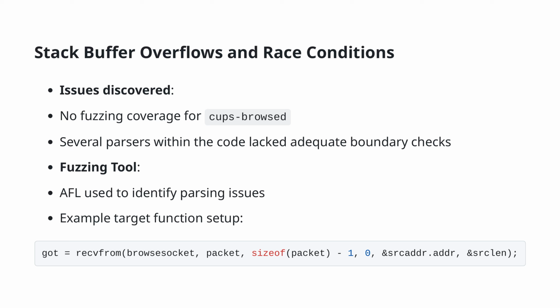Here's an example target function setup: got = recvfrom(browsesocket, packet, sizeof(packet) - 1, 0, &srcaddr, &srclen). This function call receives data into a packet with the size limited to prevent overflow. However, without adequate checks, it remains a point of vulnerability. Understanding these vulnerabilities is essential for securing your services and ensuring robust boundary checks are implemented.